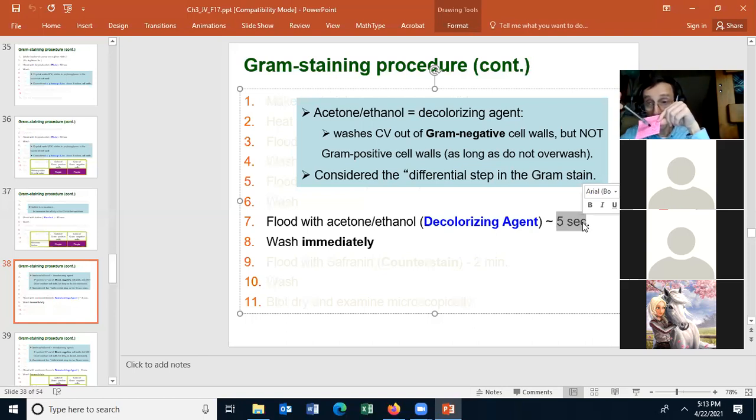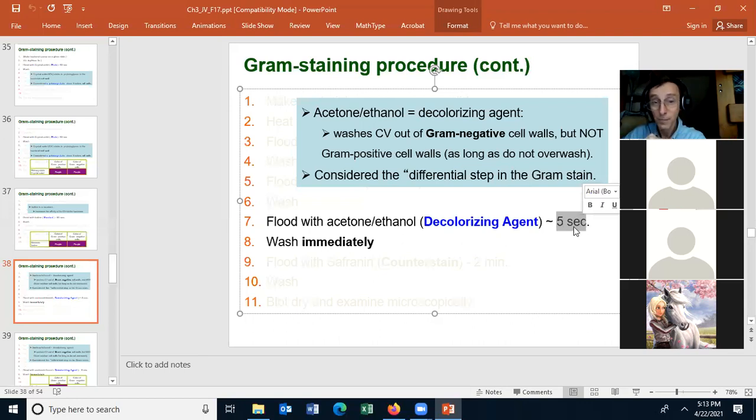Once it stops running, you should stop applying the decolorizing agent. That's the best way to do that, because you can overwash, in which case you will remove crystal violet iodine from the gram-positive cells. And you can also underwash, where you will not remove the crystal violet and iodine from the gram-negative cells.